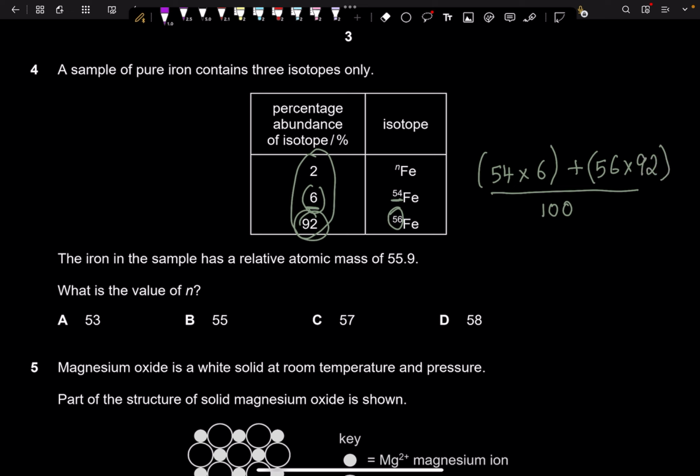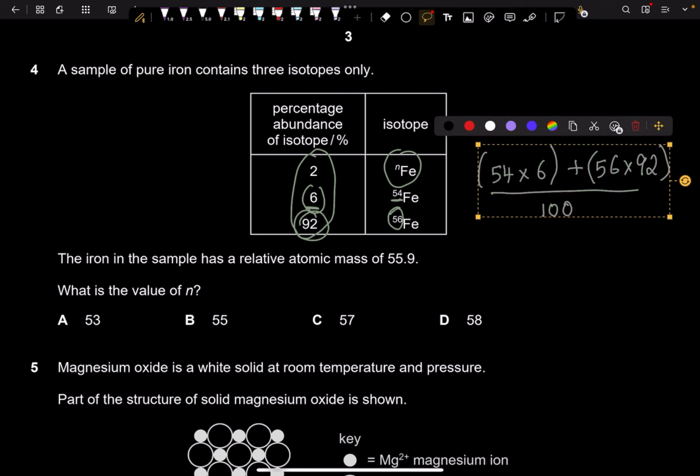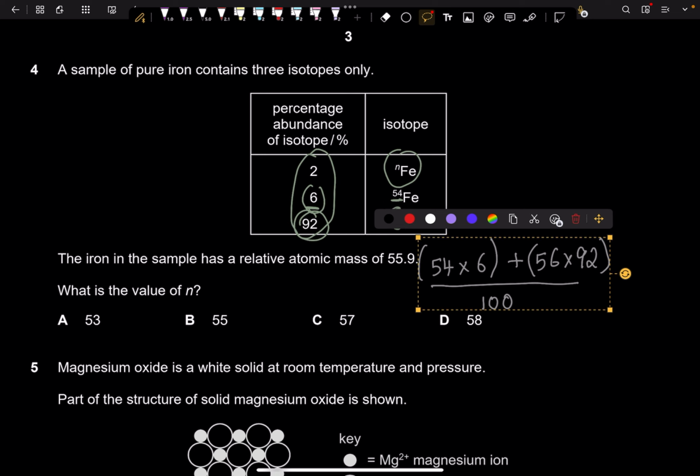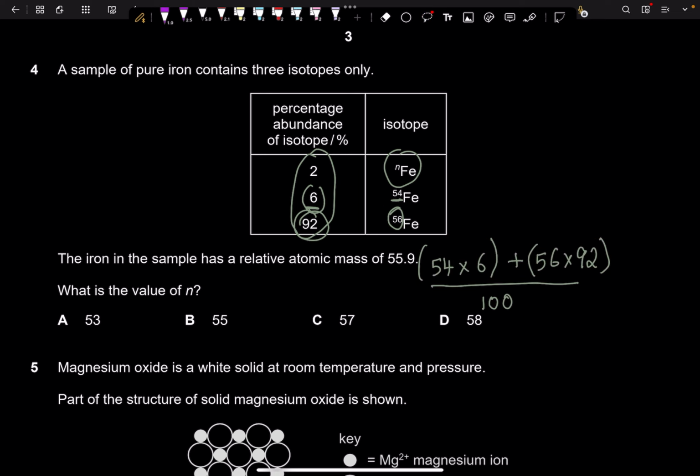The thing over here is that we have to consider this third one as well. So we add the third one as well. So plus, which is going to be 2 times n. So we can write 2n. This is the way we calculate the relative atomic mass. You can say this is the formula for it basically.